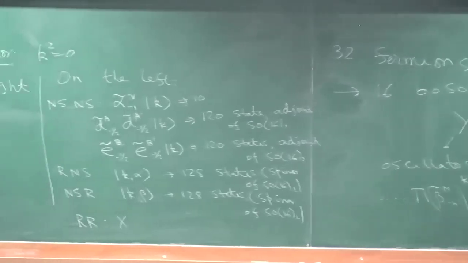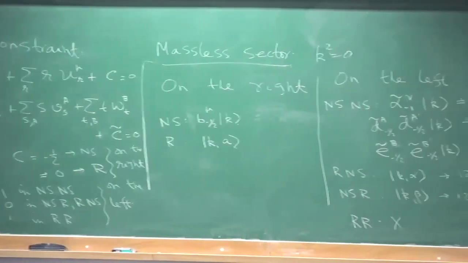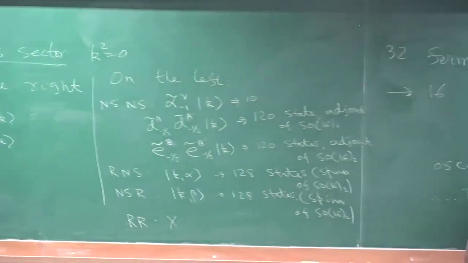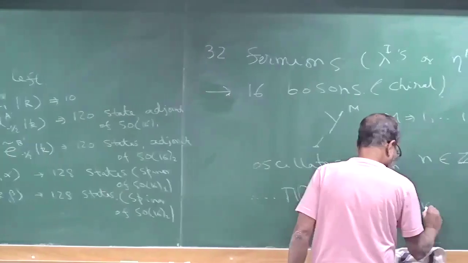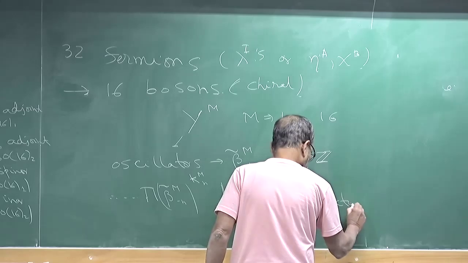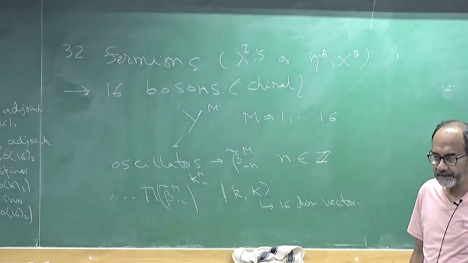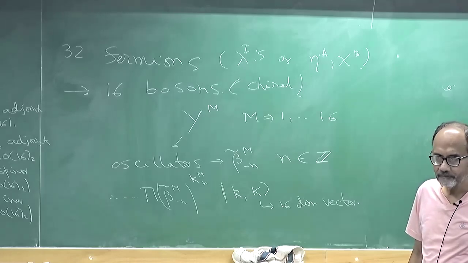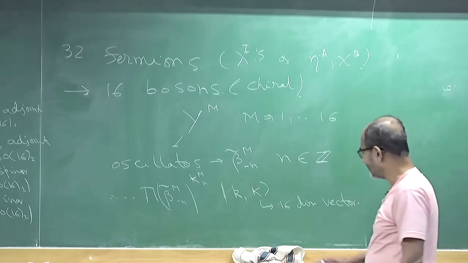So let me call this some k, a 16-dimensional vector. Capital K. What should I call? Kappa.